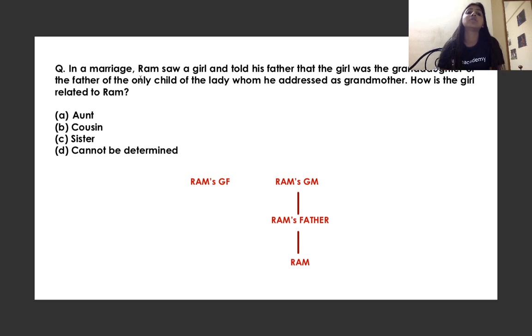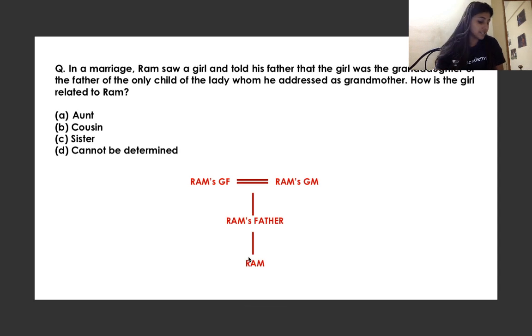Of the father of the only child of the lady whom he addressed as grandmother. Grandmother's only child will be Ram's father, and they are talking about the father of Ram's father. So it will be Ram's grandfather, and the granddaughter of Ram's grandfather will be who? It will be Ram's sister, right? So the answer is sister, option C.